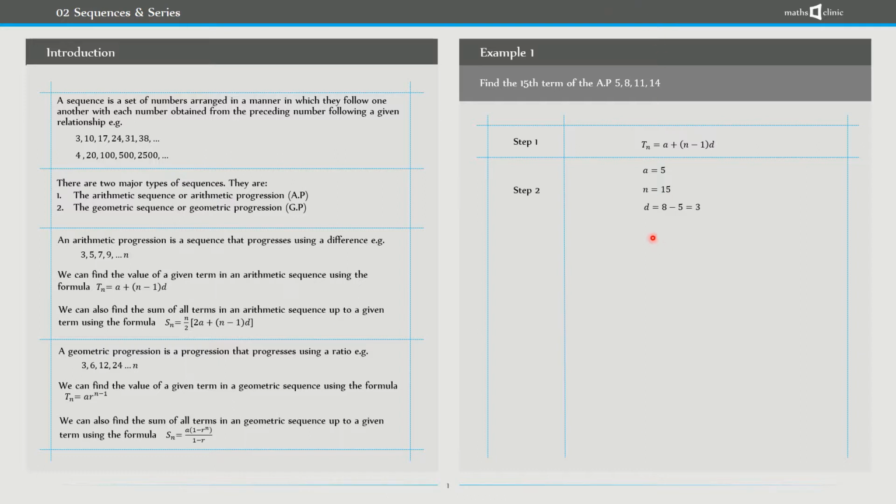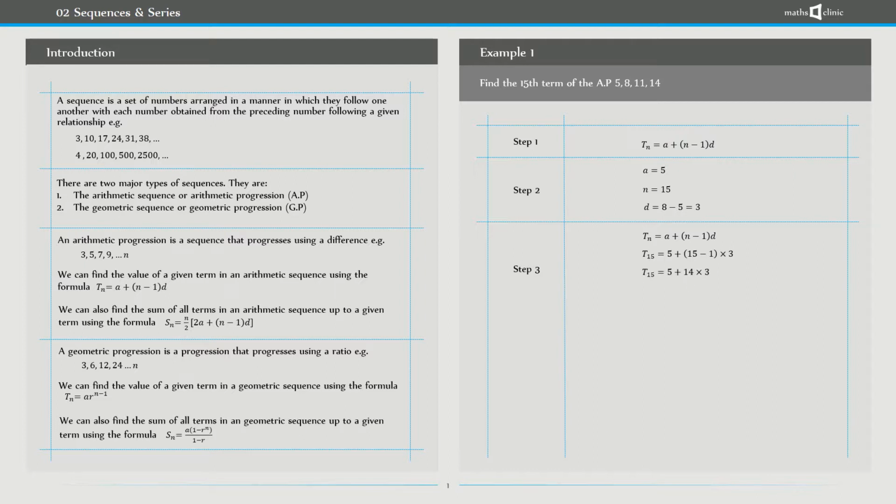Okay, so we have a, we have n, and we have d. The next thing we want to do is put all of that into our formula. Tn equals a plus (n minus 1)d, so T15 equals 5 plus (15 minus 1) times 3, because a is 5, n is 15, and d is 3.